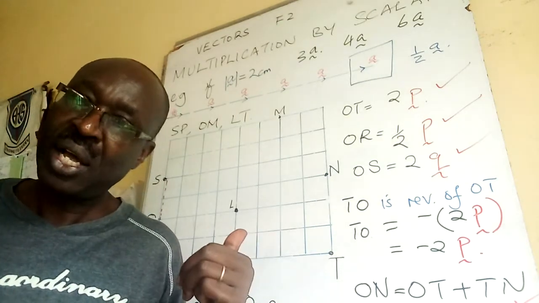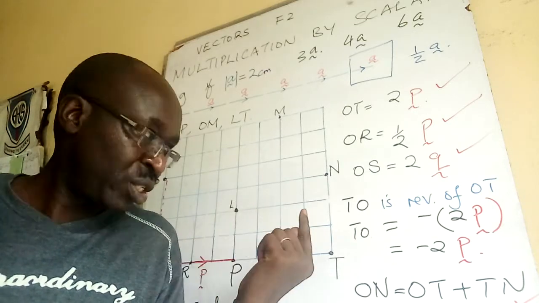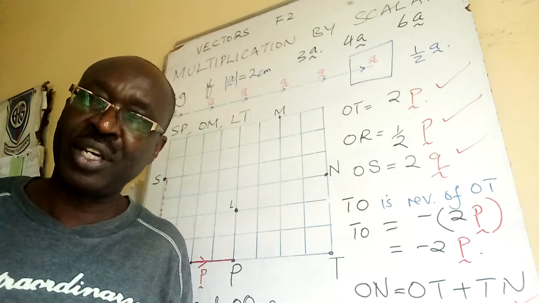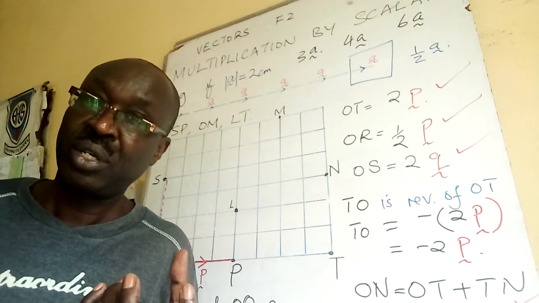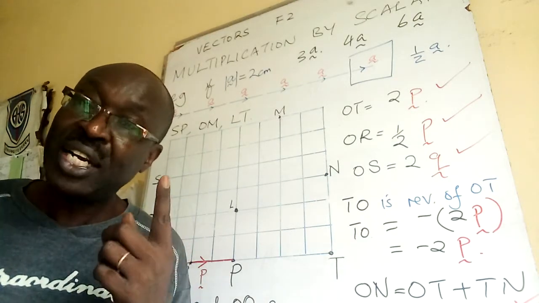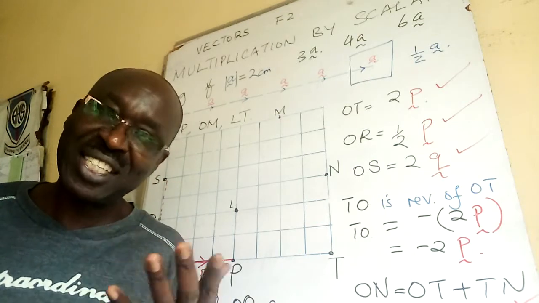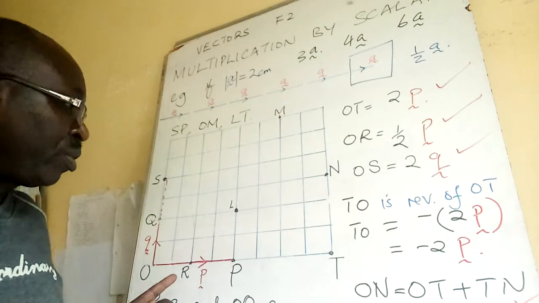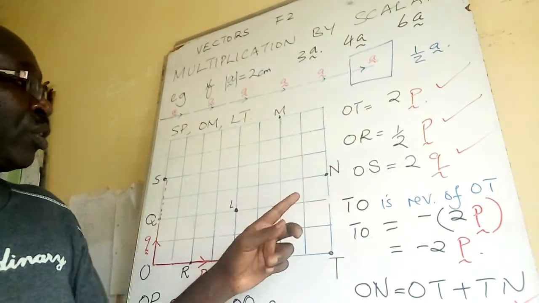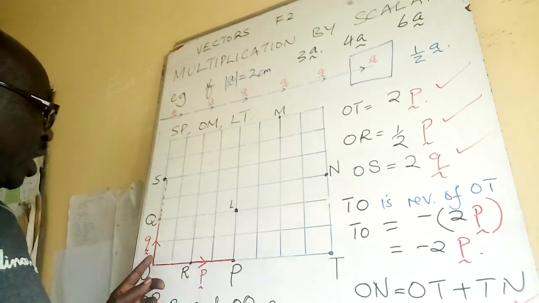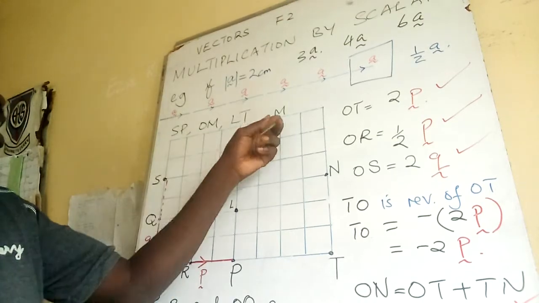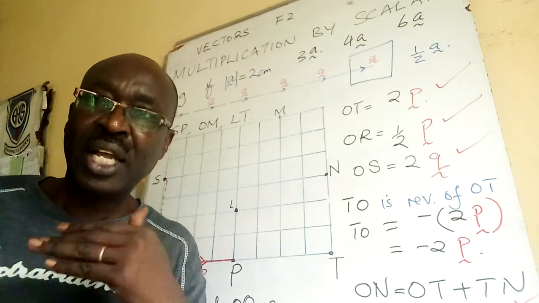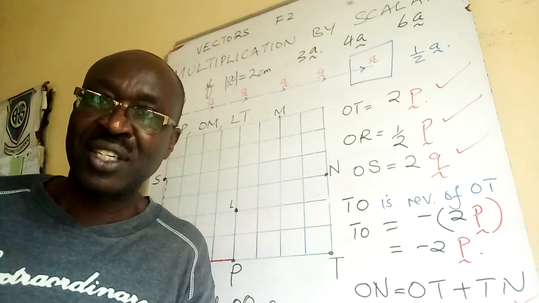I'm leaving it here. You can use these boxes to get your answer. Everything, you need to reason. Alternatively, it will still stand if you get each first. We've gotten OT, you get ON, you get OL, you get OM, you get OS. Get all of them first.